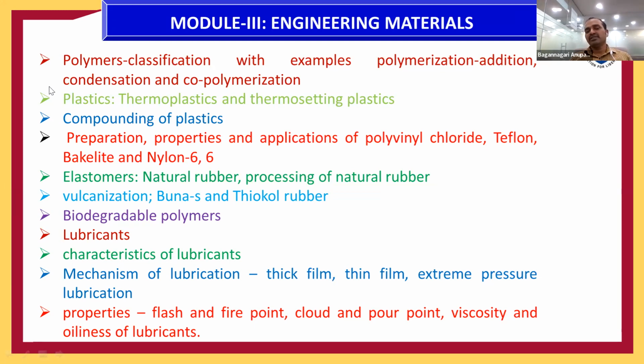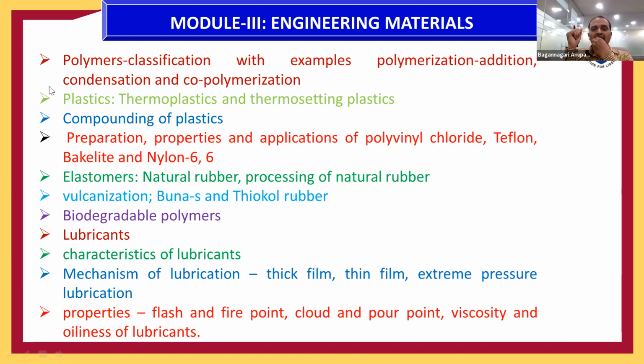Next topic is the preparation, properties and applications of PVC, Teflon, nylon 66, and bakelite. We already discussed these, and they are very important questions. Important ones: types of polymerization, the difference between thermoplastic and thermosetting, and the preparation, properties and applications of PVC, Teflon, bakelite, and nylon 66.